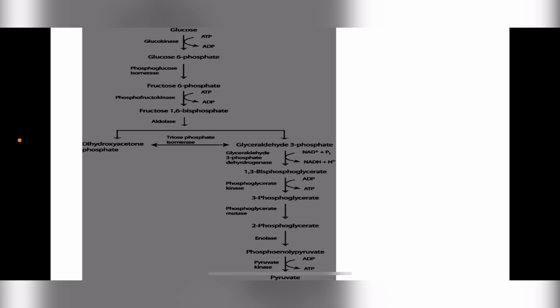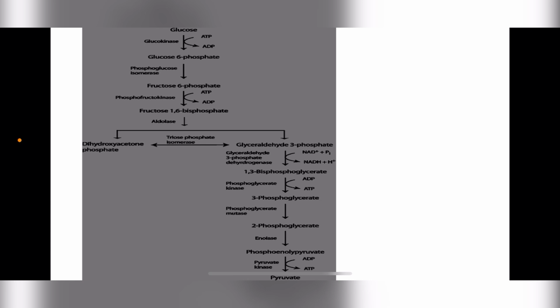And 3-phosphoglycerate, generated in the above step, gets converted into 2-phosphoglycerate in the presence of phosphoglycerate mutase. That is, there is a slight change in the positioning of the phosphate in this compound.